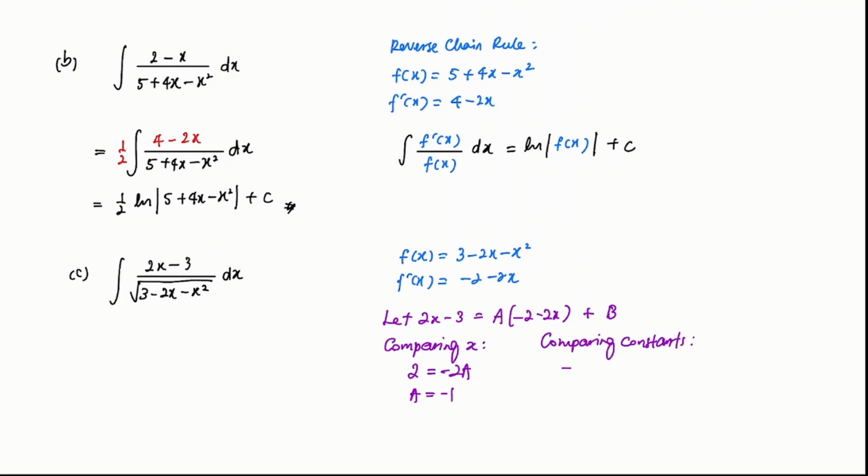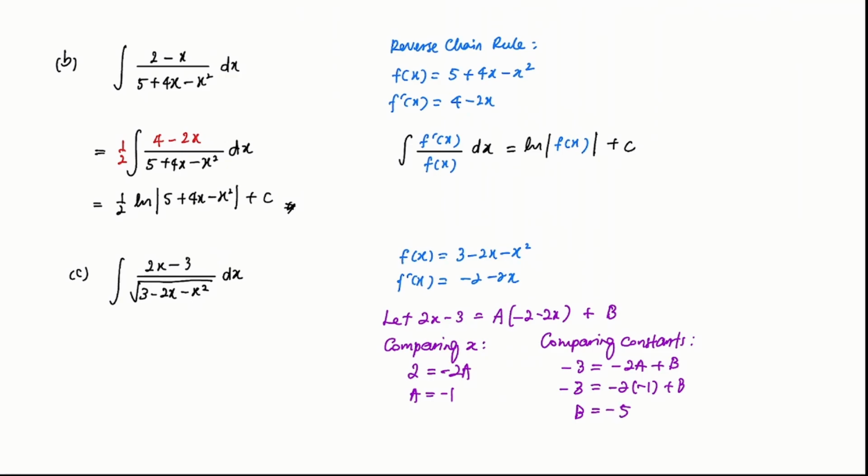On the left hand side is negative 3, on the right hand side is negative 2a plus b, which is equal to negative 2 minus 1 plus b, which is 2. So b over here would be negative 4. Sorry, should be negative 5.